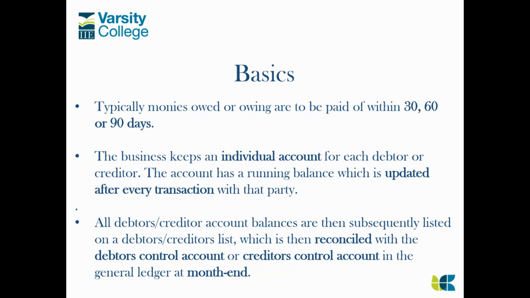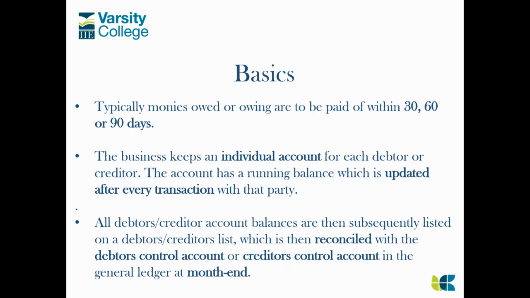So that's why we want to record every single transaction with these individual debtors or creditors. It goes on to say, all debtor or creditor account balances are then listed on a debtors list or creditors list, which is reconciled with the debtors control account or creditors control account in the general ledger at month end.